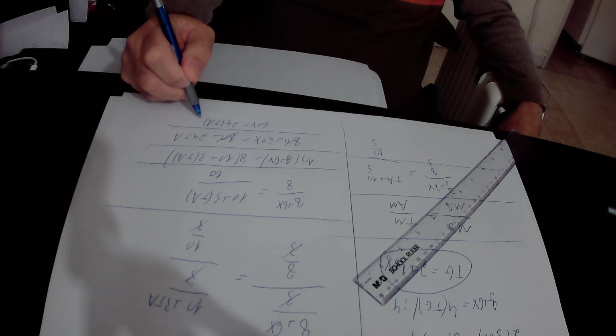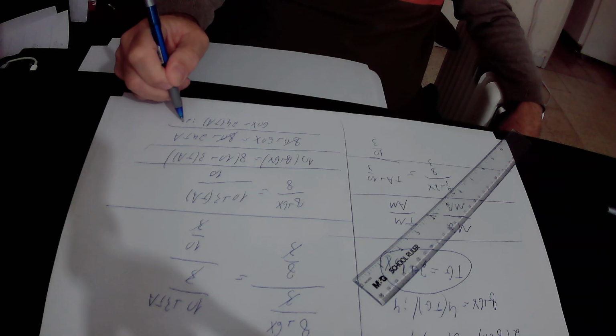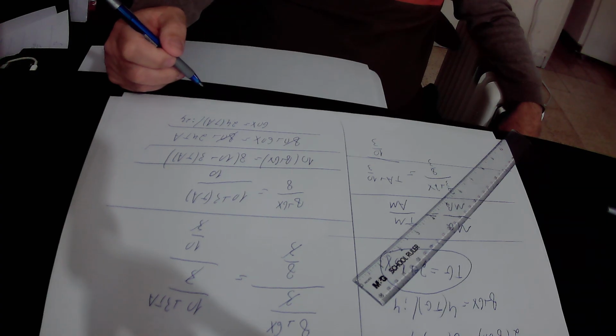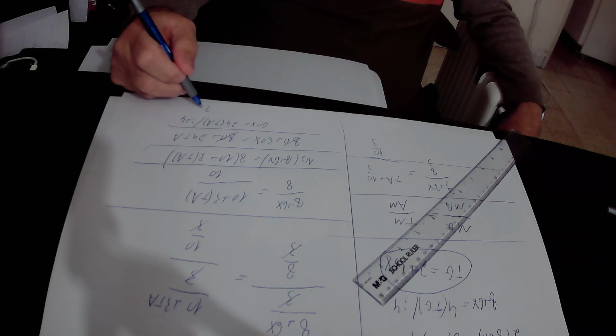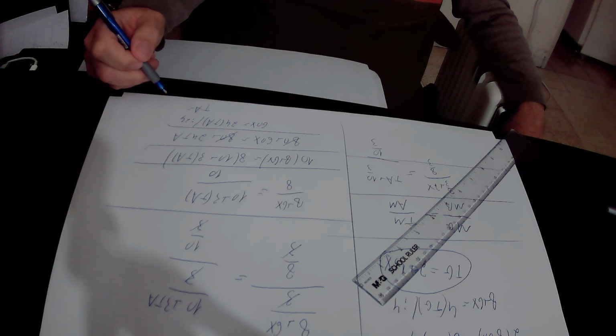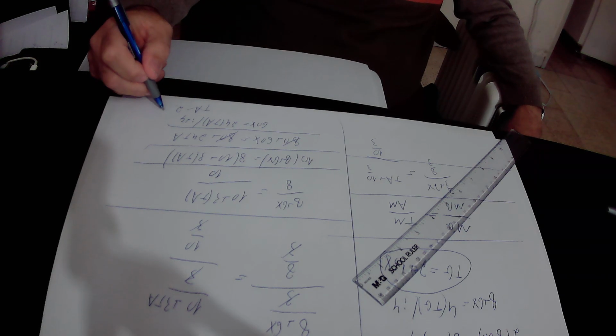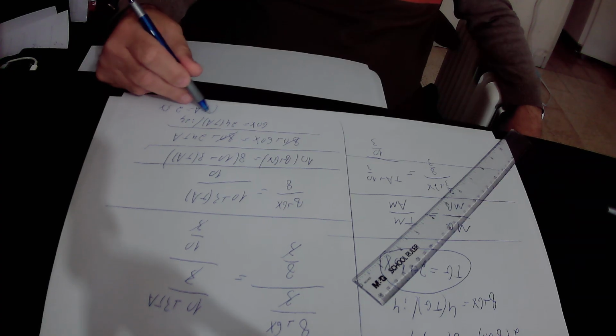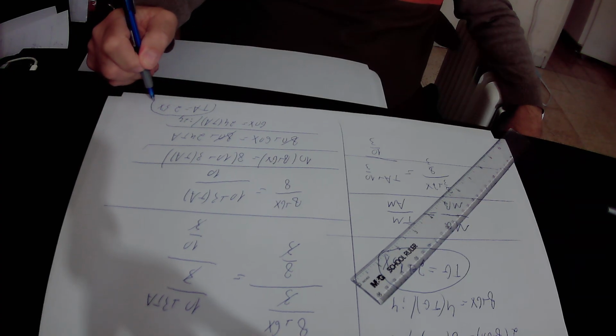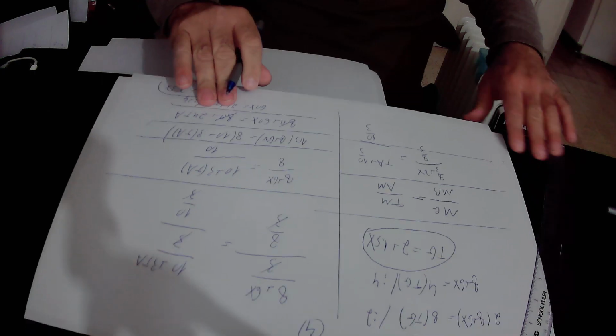Here we divide this equation by 24, and finally we get that TA equals 60x over 24, which is equal to 2.5x. In conclusion, we found that the length of line segment TA equals 2.5x.